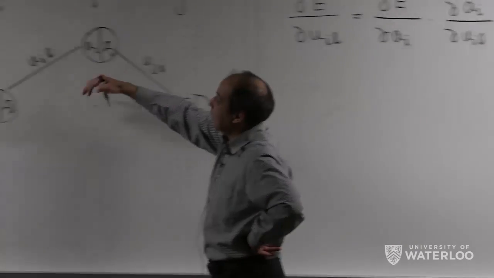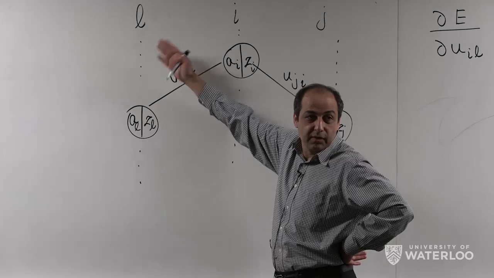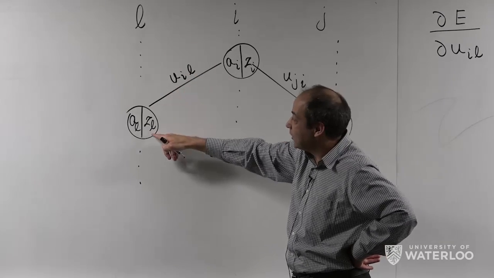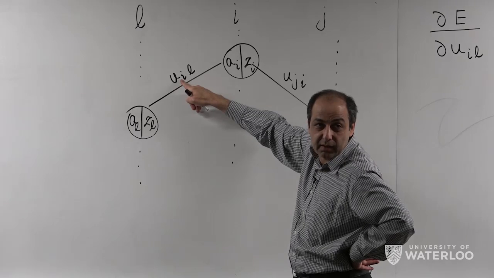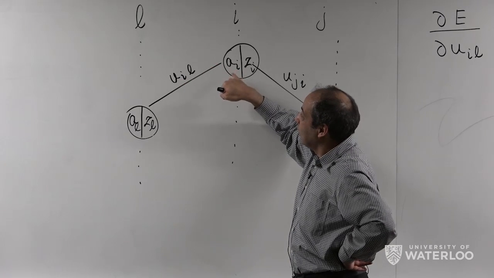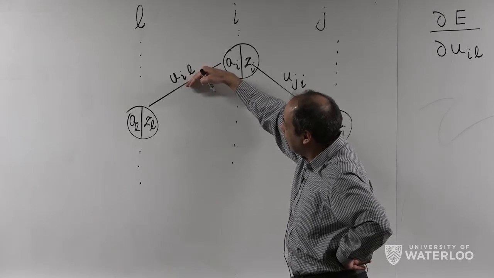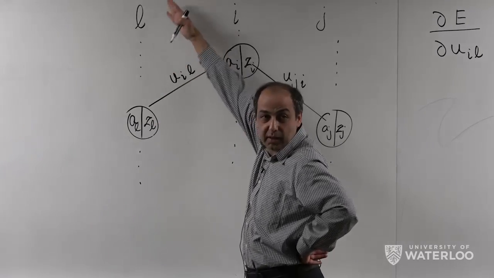AI is a weighted sum of these values, meaning each Z has been multiplied by its corresponding weight. Add them up, and it makes AI. So AI is this weight times ZL plus this weight times ZL plus this weight times ZL.